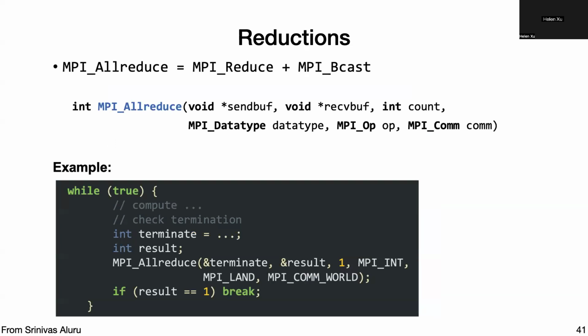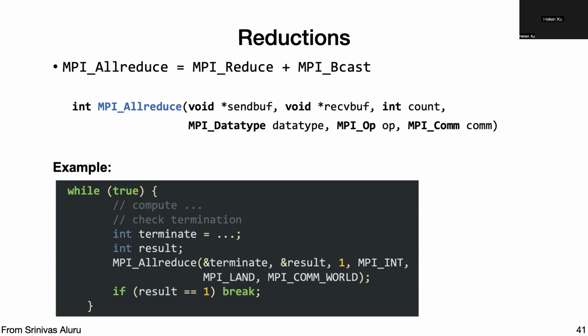So all reduce, which is another primitive, is just an MPI reduce plus an MPI broadcast. So everybody has some stuff. This is the signature. You have a send buffer, you have a receive buffer, and you have a count. So all reduce is you have some data on every process. You gather it, you reduce it onto one process, and then you send the result onto everyone else.